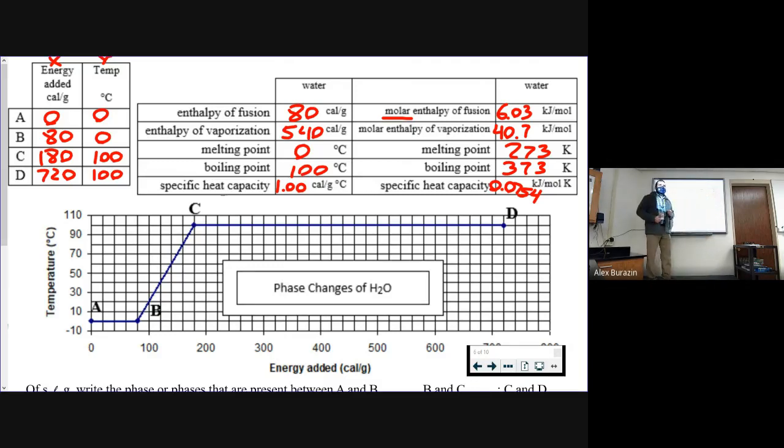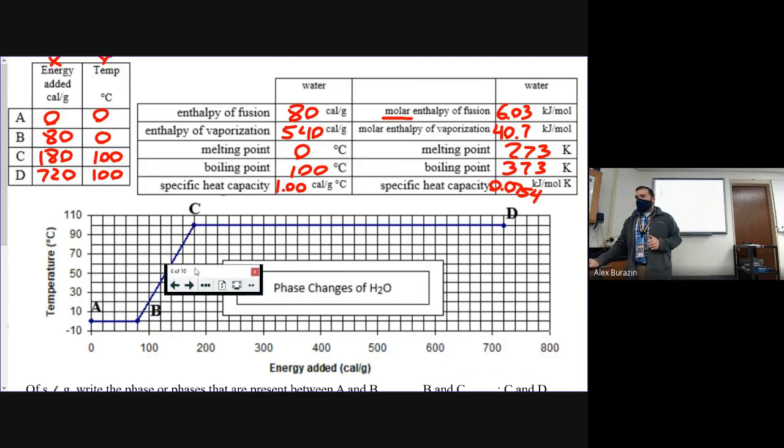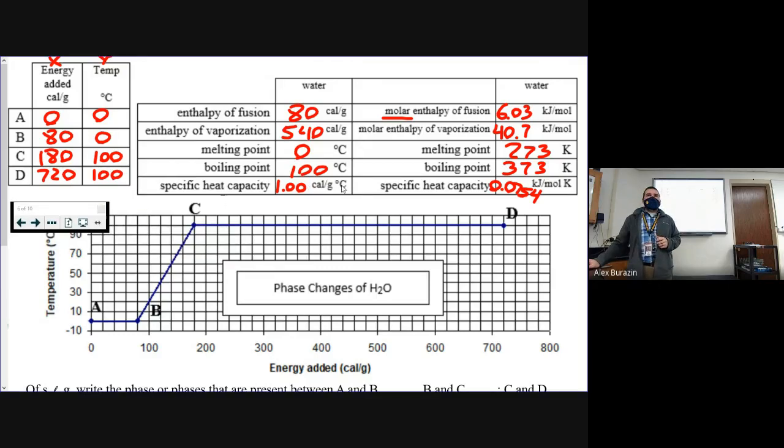Okay. You didn't know you were getting a bunch of conversions today. Sorry, guys. Okay, 0.0754 kilojoules per mole Kelvin. Again, when it's in the denominator, whether it is degrees Celsius or Kelvin, it's the exact same. It takes the same amount of energy to raise 1 degree Celsius as it does to raise 1 Kelvin, because the difference in Celsius and the difference in Kelvin is equivalent.